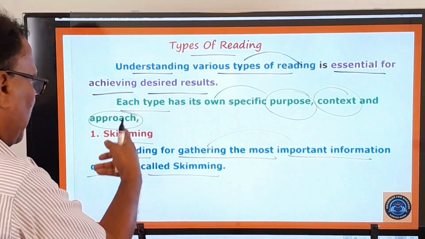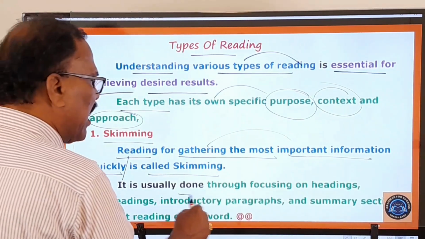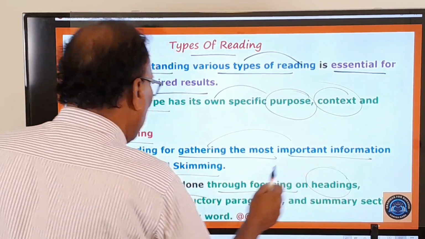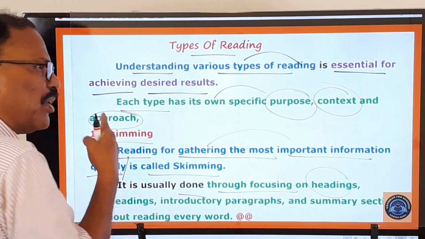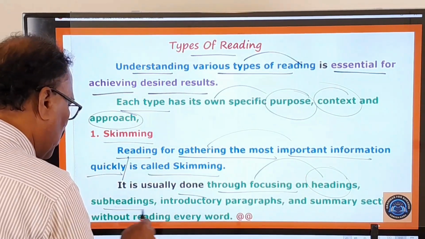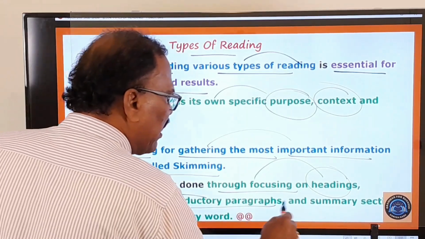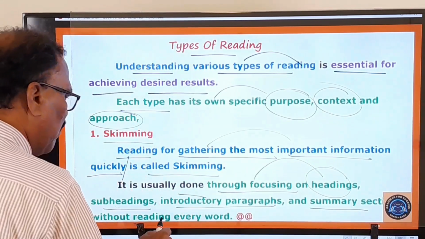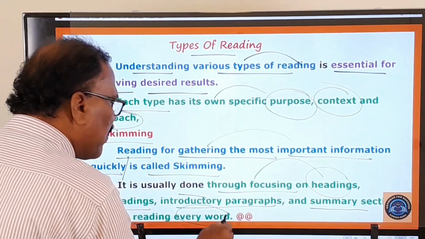That is the point. It is usually done through focusing on headings. While doing this kind of reading, we just focus on headings, subheadings, introductory paragraphs, and summary sections, without reading every word. This is very important.